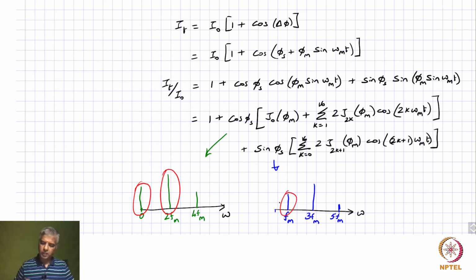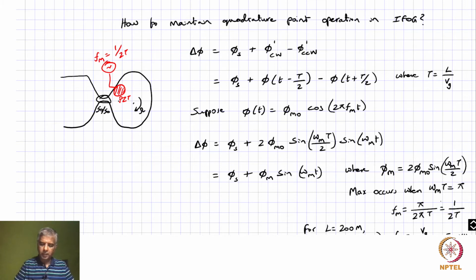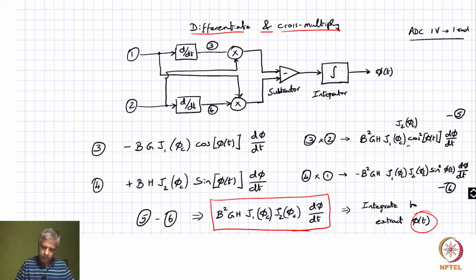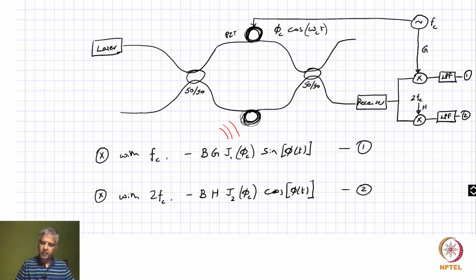And the significant difference here is the fact that we are trying to maintain quadrature operation. Previously, when we were looking at phase generated carrier, so let me just go all the way back. When we were applying phase generated carrier, omega c was totally a free parameter.